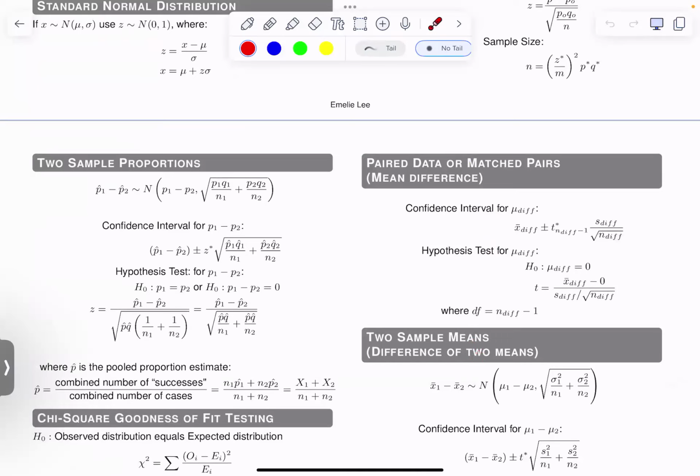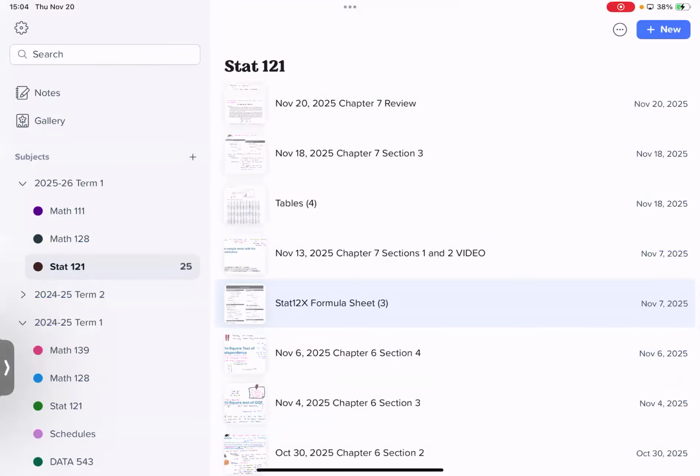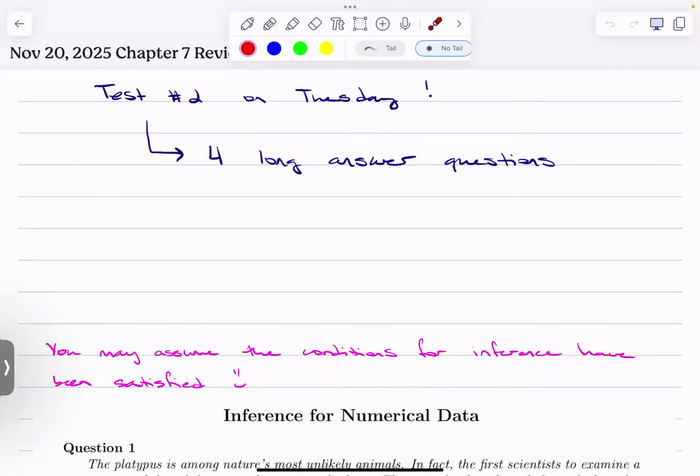Those are all the different types of questions that I could ask you. But on the test, because that's way too many, there will be 4. Okay? 4 long answer questions.